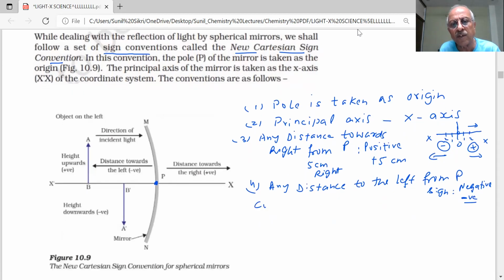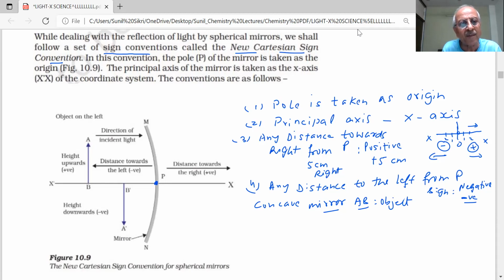If I have a concave mirror, students, where is the object? This is my object, AB. Now this object is placed in front of the mirror. Is this distance negative or positive? If I'm moving this side, positive. If I'm moving this side, negative.